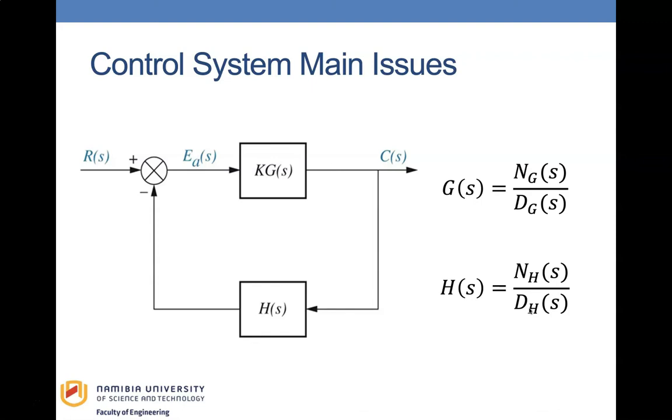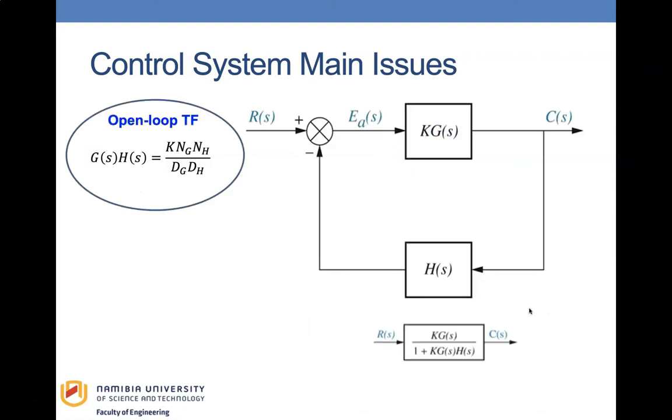Therefore, our open loop transfer function will be given by K N_G N_H over D_G D_H, where K is the gain, N_G and N_H are the numerators of G and H respectively, and D_G and D_H are the denominators.